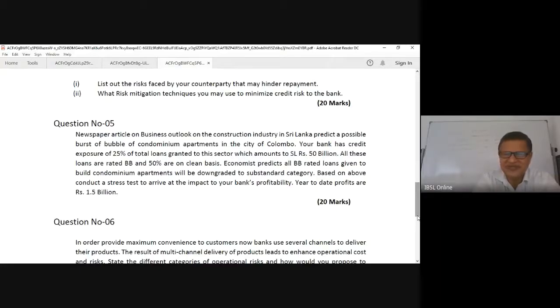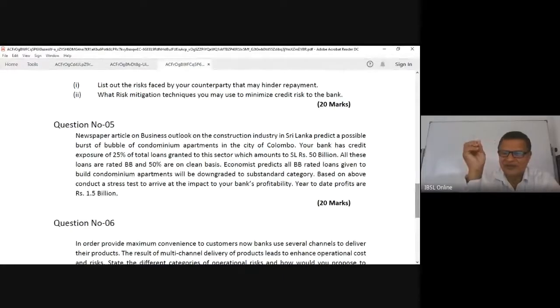The scenario built up here is, you have 25 billion at stake in the construction industry, which is given to condominium apartments. So 25 billion will be subject to 20% provisioning based on the category it is in.